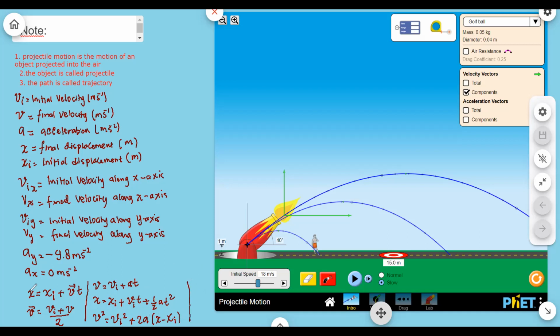So we have already dealt with these kinematic equations, and these are the common kinematic equations. So we can use the kinematic equations to state the formulas in projectile motions.